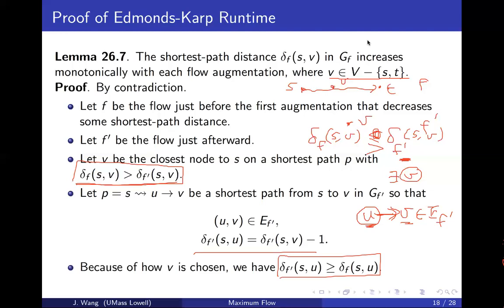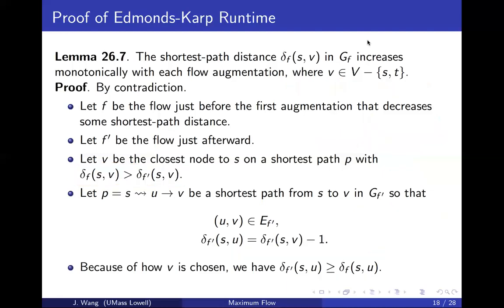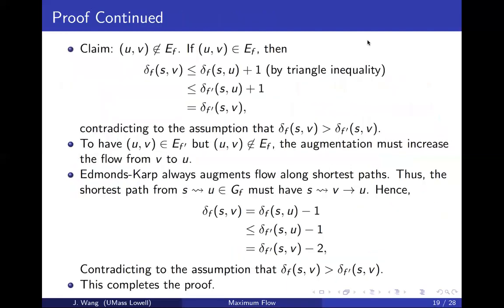So now let's move on to the next slide. Now we're going to prove that the edge U to V is not in E of F. We prove it by contradiction.